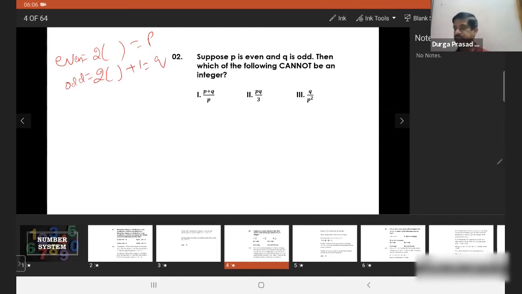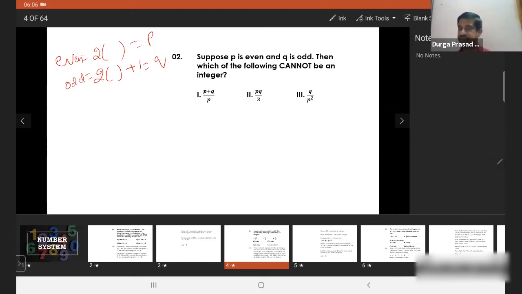So here P plus Q means even plus odd is odd. Odd by P means even. So odd by even can never be an integer, isn't it? Odd by even can never be an integer.